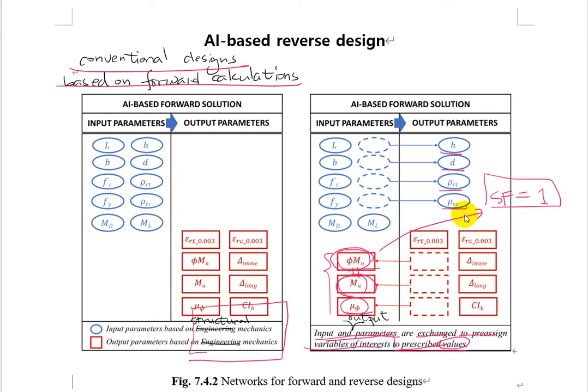And then we can also prescribe a ductility of curvature, and these parameters used to be calculated on the output side, as you see over there, here phi Mn, and you have a ductility here also for the calculations of conventional designs.